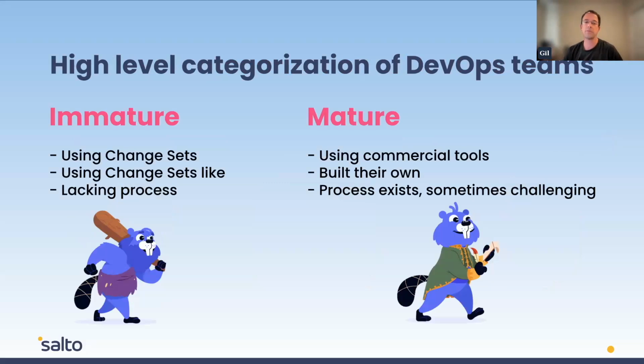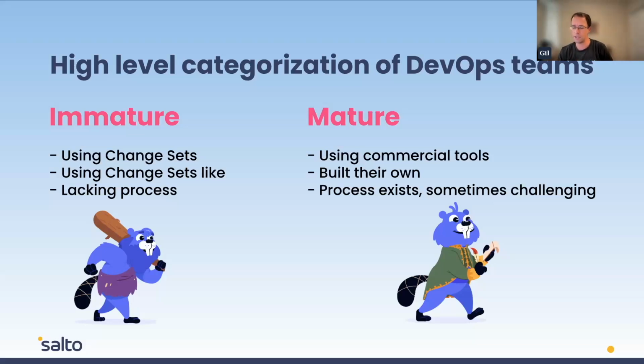Immature teams are typically teams using change sets or change-set-like tools, for example, Click Deploy, etc. These teams would typically lack process, meaning they're not yet in a state where they have a proper process for change management, and their set of challenges is very different from those of mature teams, where the process exists.